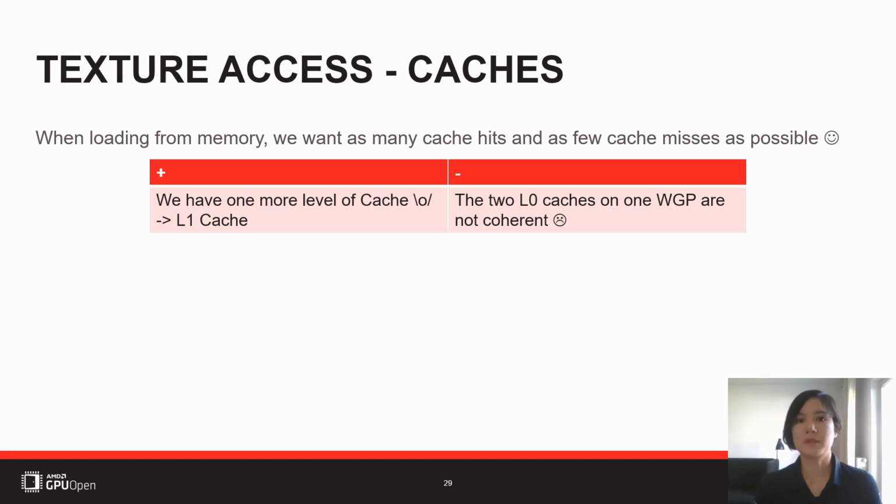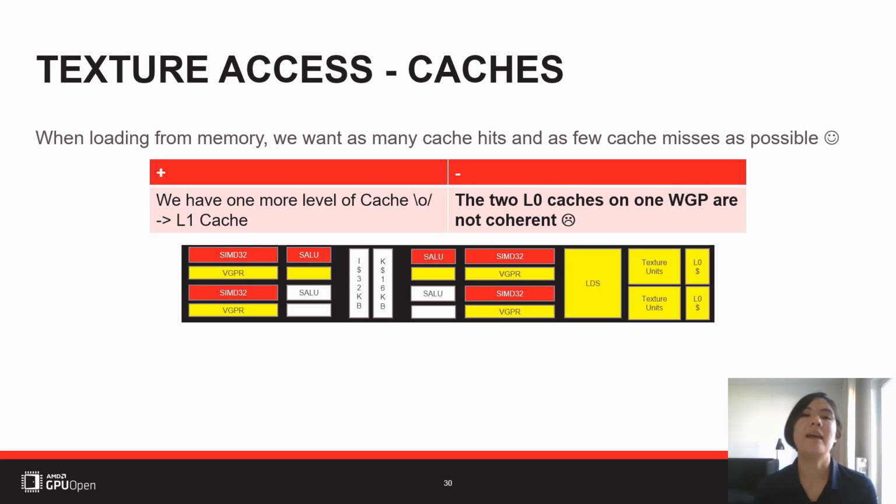Important to notice is that these are not coherent. If you look at the picture below, you see you have 2 level 0 caches, and we have 4 SIMD32 units. 2 of them are tied to one L0 cache, and the other 2 are tied to the other one, and they are basically always accessing one specific L0 cache.